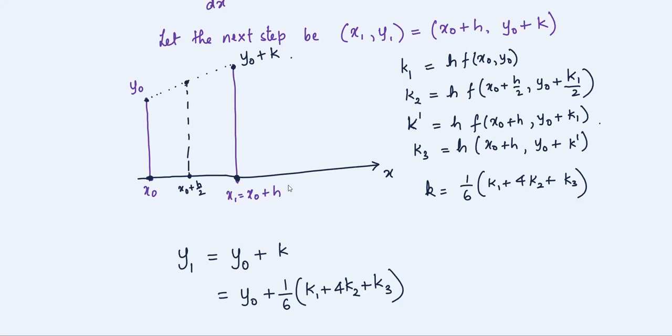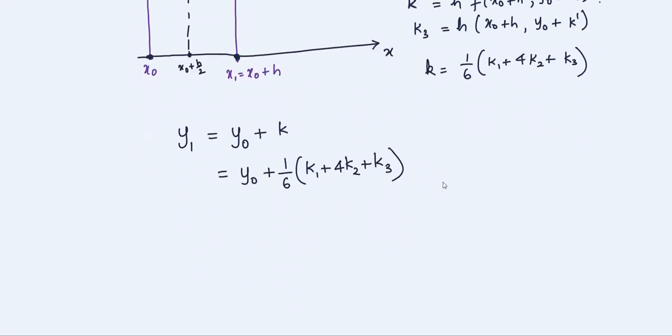That is why we get something like this. Okay. So this is Runge's method. This is Runge's method.